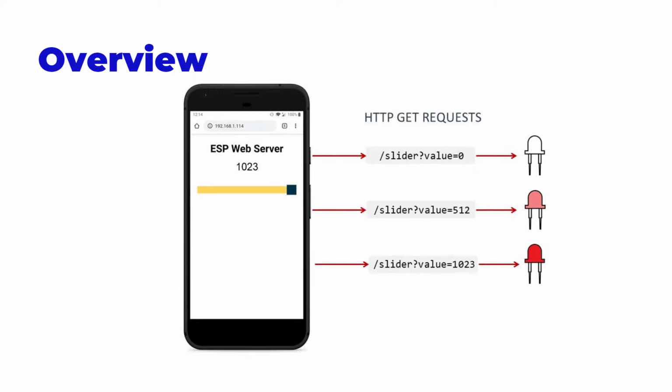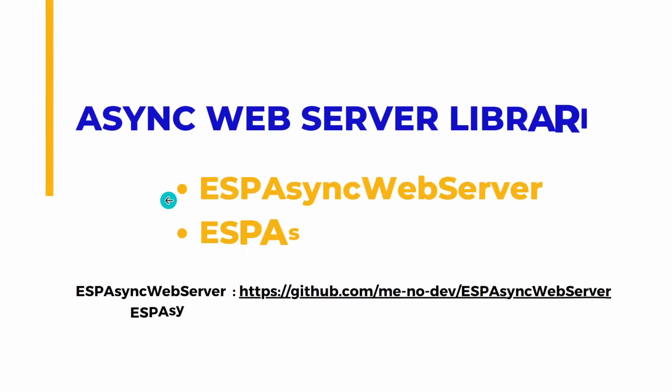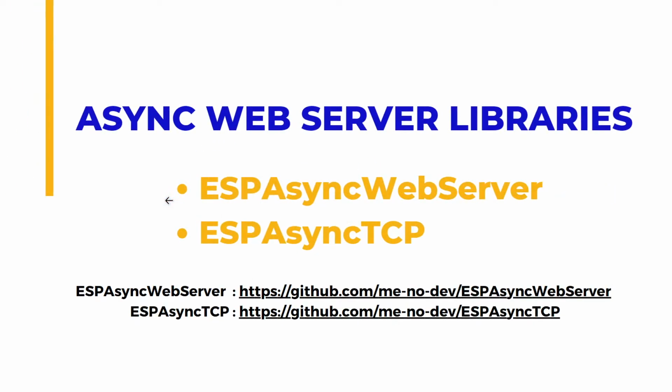Before getting into the topic, we need to install two libraries. We need to install these two libraries, then only we can create the web server. One is ESP Async Web Server and the other is ESP Async TCP.